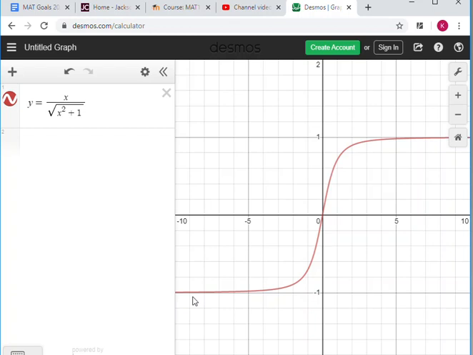The graph approaches negative 1. And over here on the right-hand side, as x goes to positive infinity, the graph is approaching positive 1 as a horizontal asymptote. So we're seeing in the graph exactly what we predicted using our algebra.